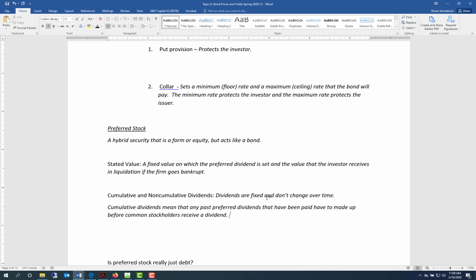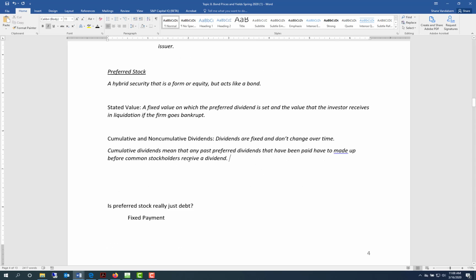And then in the current year, they'd have to go ahead and make that one preferred dividend payment, the $4 payment to the preferred stockholders, but then they would be allowed to pay dividend payments to their common stockholders. So that's just a little added protection for the preferred stockholders.